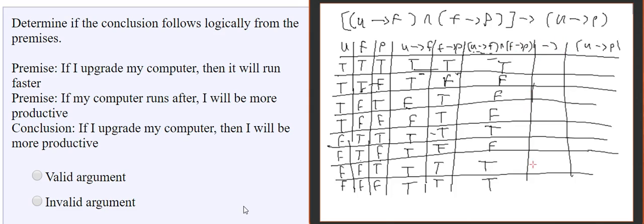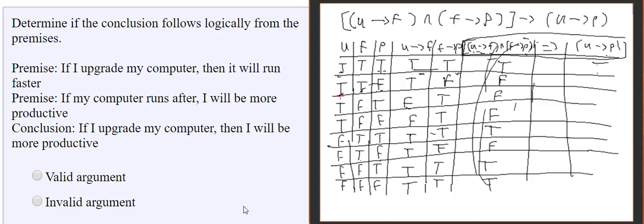We can't do the truth values of the implication yet. Here this represents the antecedent in this implication, and this is our consequent over here. We need to know the truth values of our consequent. U implies P, so we're looking at U and P truth values. Okay, both are true, so this is true.